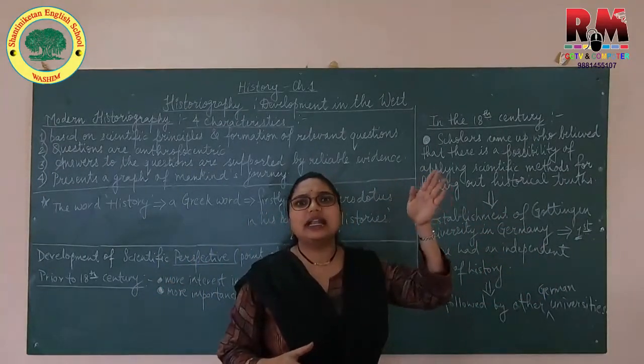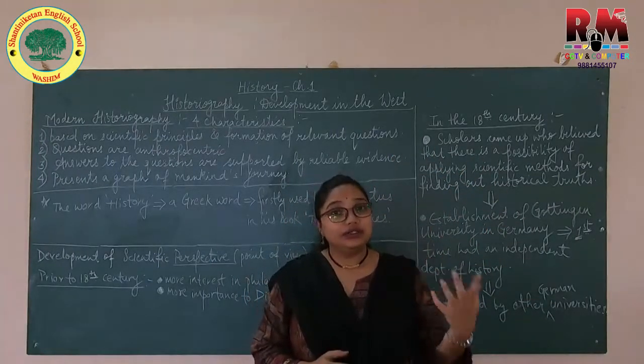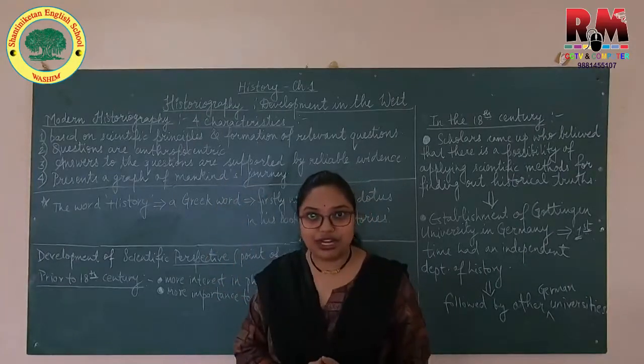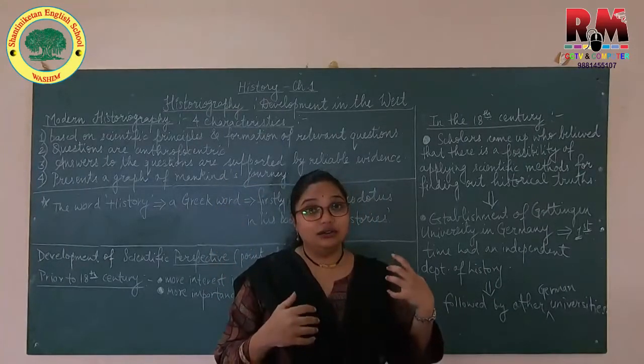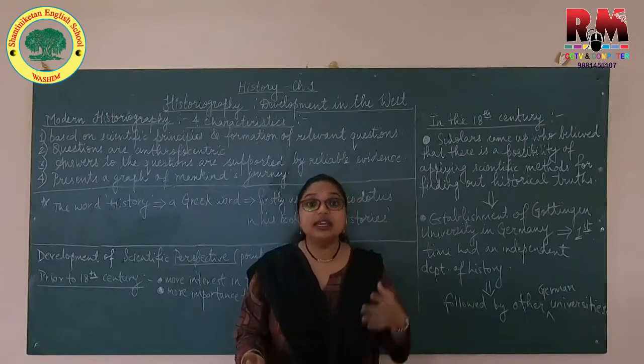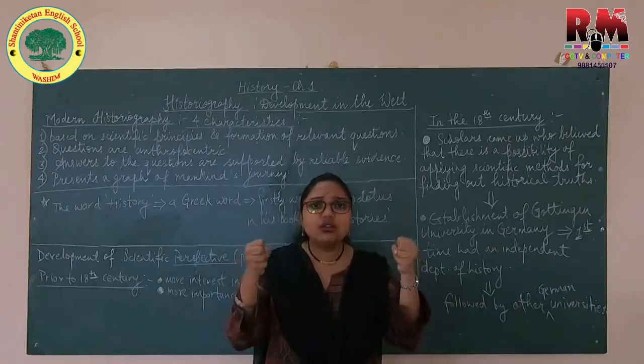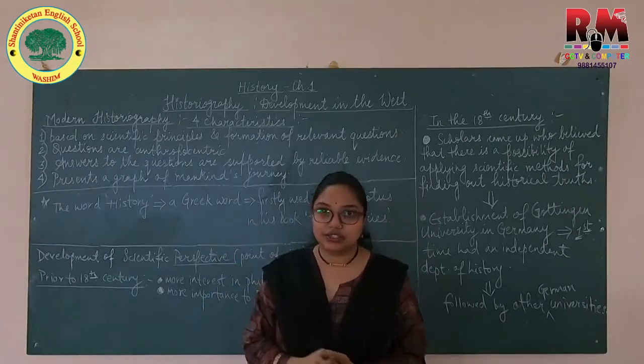So this was the mentality of man in very, very ancient times. But when we talk about modern historiography, we have four characteristics which tell us that scientific study has a good stronghold in modern historiography.